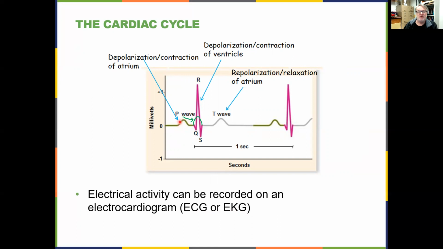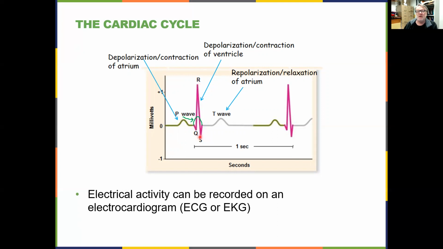There's what's referred to as the P wave, which is the depolarization and contraction of the atria. Remember, the atria have to contract first in the cardiac cycle to move blood from the atria to the ventricles. So the P wave needs to occur at a particular time before the much larger QRS wave, which represents the contraction of the much larger muscle in the ventricle.